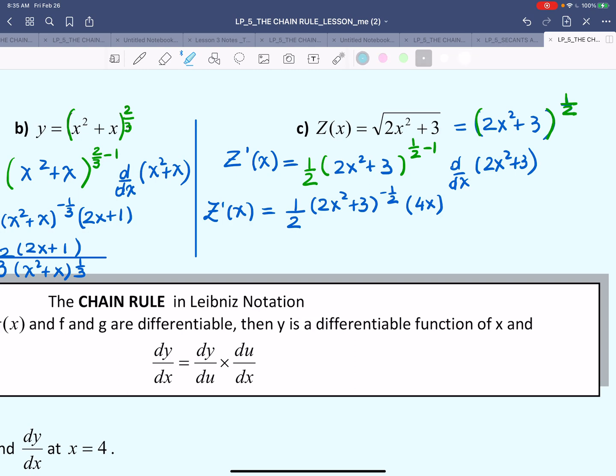So we can simplify 2 and 4. So that will change the derivative to become 2x. And then we can bring this power in the denominator to make the exponent positive. So (2x squared plus 3) to the power of 1 over 2.